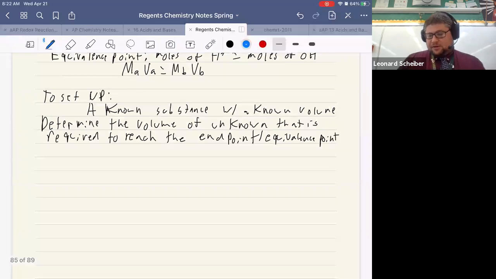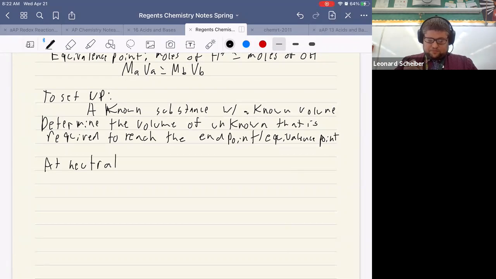Okay. So as we're doing this titration, we remember that at neutral, pH equals pOH, which equals 7.